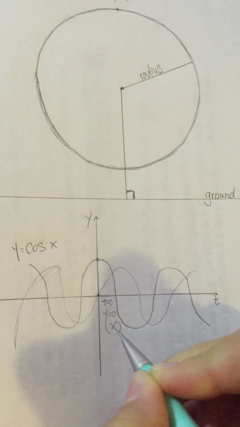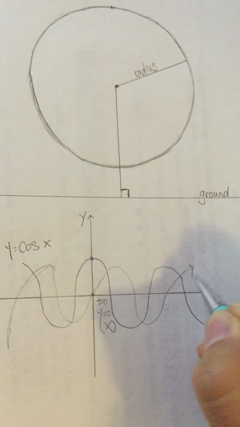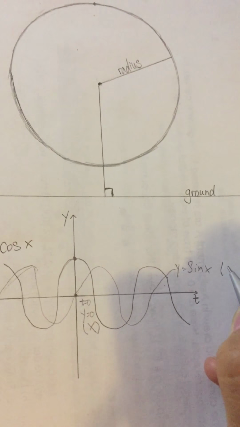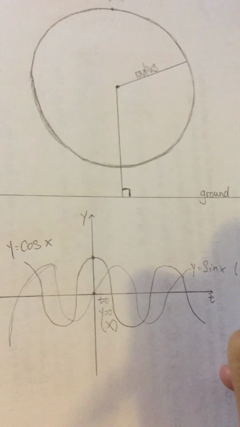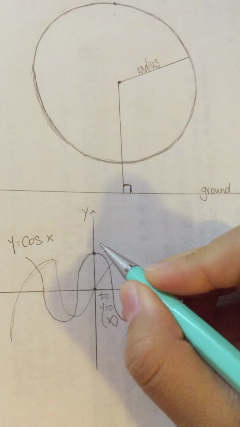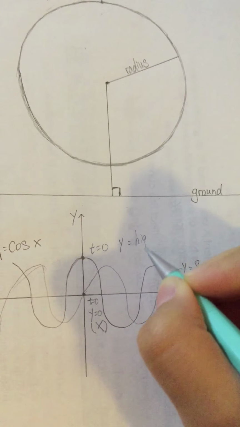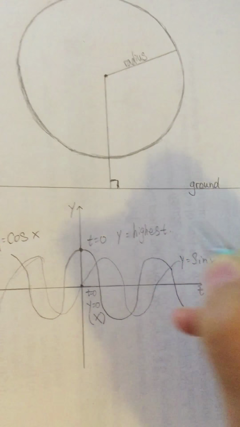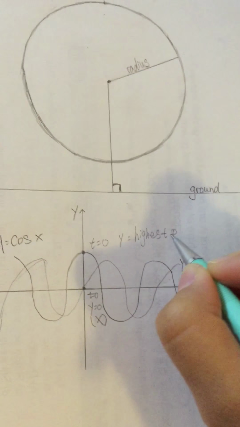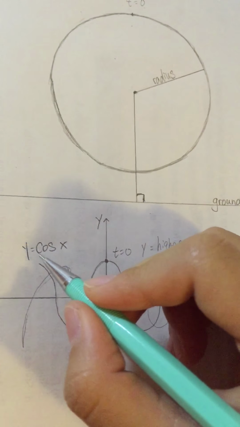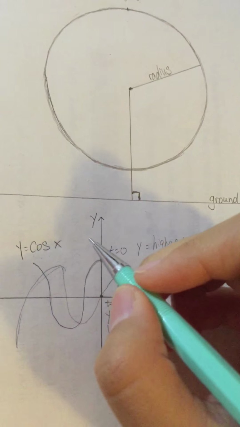So it's not y equals sine x. This is t equals 0, y at its highest point. So y equals cosine x will be the answer.